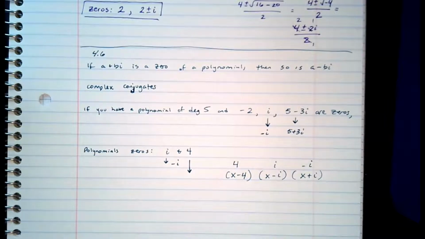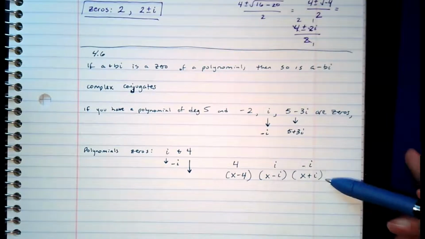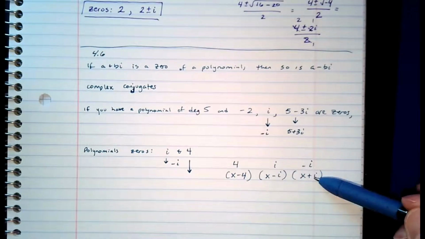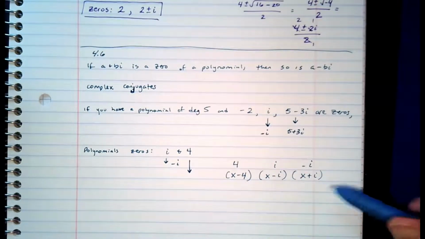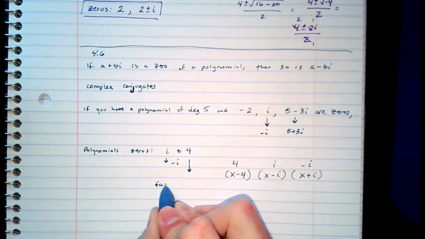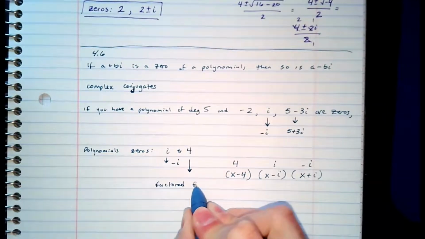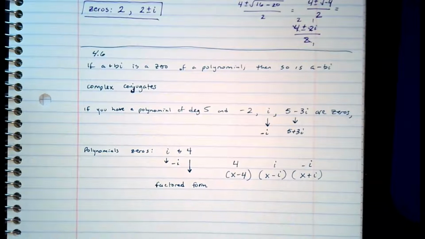Now, we do not write, even in factored form, factors with imaginary numbers. When we're dealing with polynomials, we only want to use real numbers. So even though we can have imaginary answers, we're not done. When you do stuff in class, you have to write it in factored form, but that factored form cannot have imaginary pieces.